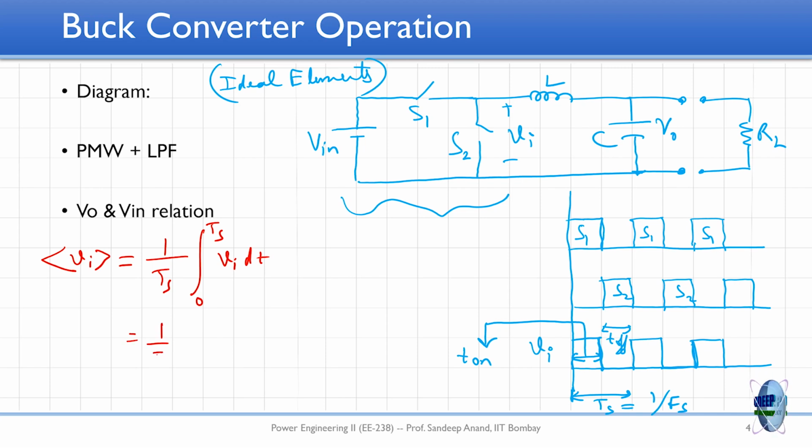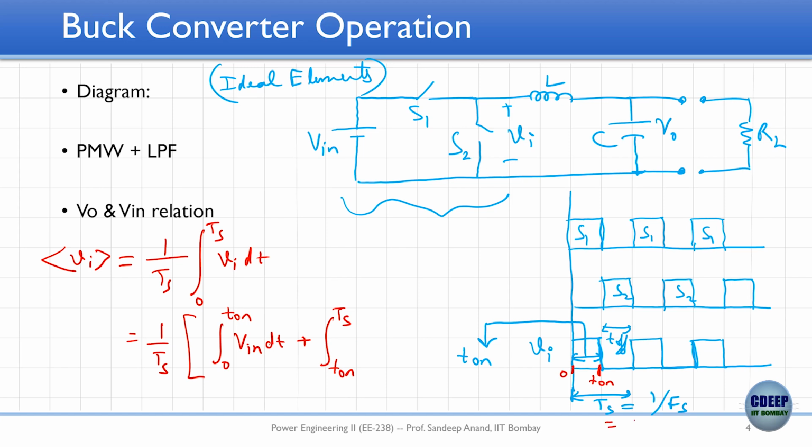So 1 upon Ts integral of Vi I can split into 2, 0 to T on, right? This is 0 instant, this is, let's say, T on instant, and in this period Vi is equal to capital V in into dt plus integral of T on to Ts, the total period Ts, right?